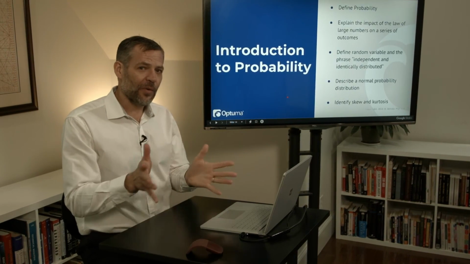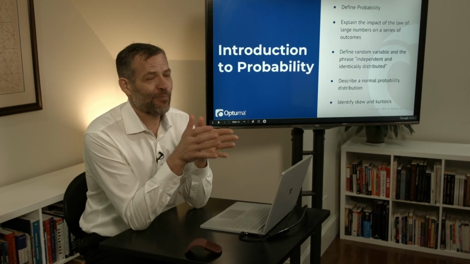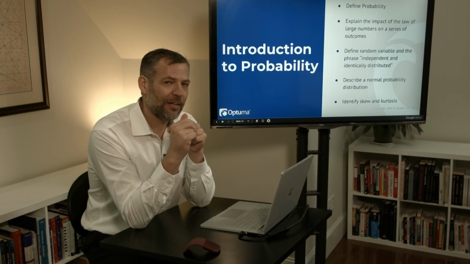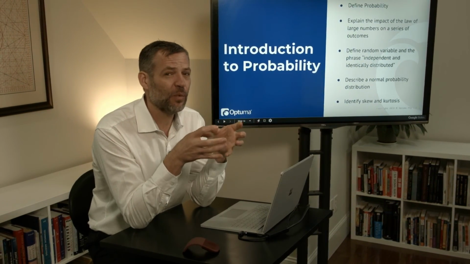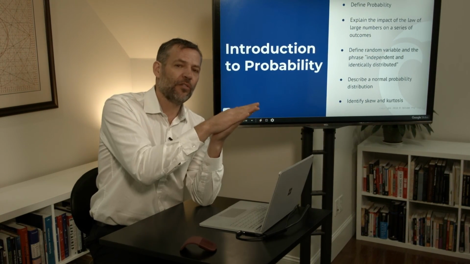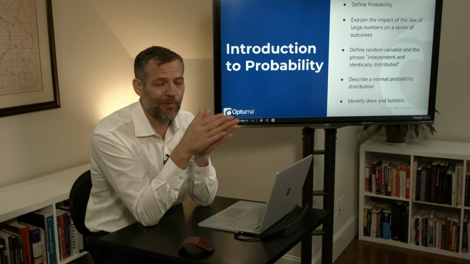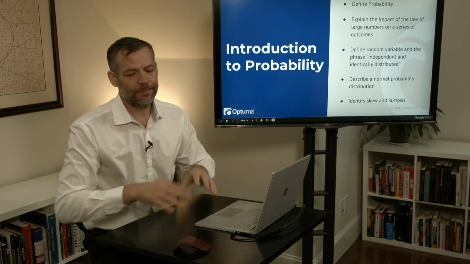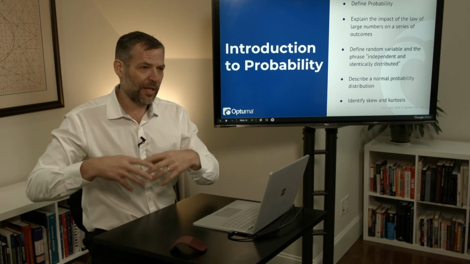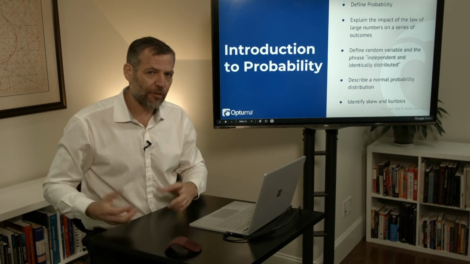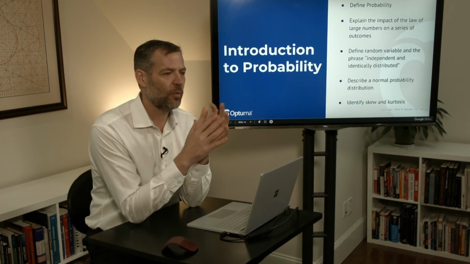All right, so that is an introduction to probability, defining what probability is, and explaining the impact of large numbers. The more tests we do, the closer the results get to the expected probabilities. Probabilities are really only valid when we have lots and lots of tests and values to work with.